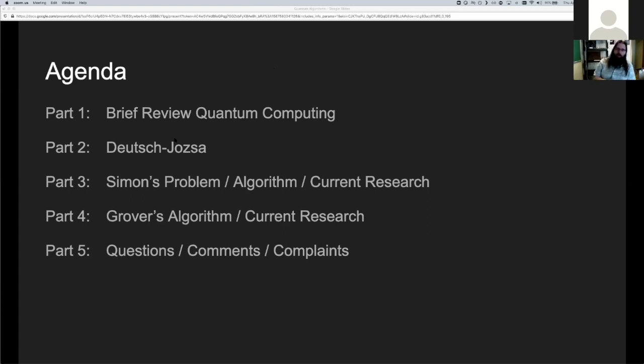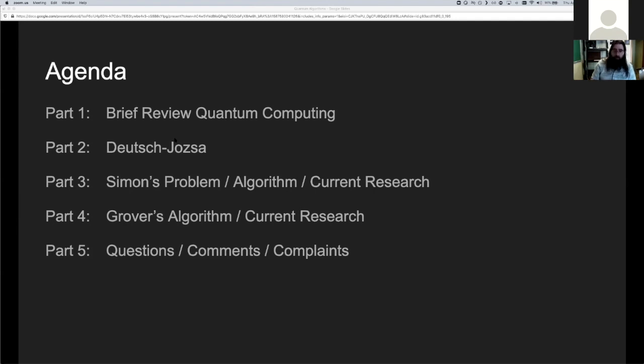The first is Deutsch-Jozsa, the second is Simon's algorithm, which is an algorithm for something known as Simon's problem. I'm going to tie that into some current research I'm working on with Dr. Lamonaco and Ajinkya Borle here. Then I'm going to go into Grover's algorithm, which also ties into some current research, but that's more of my master's thesis. And then part 5 will be time for you guys to ask questions.